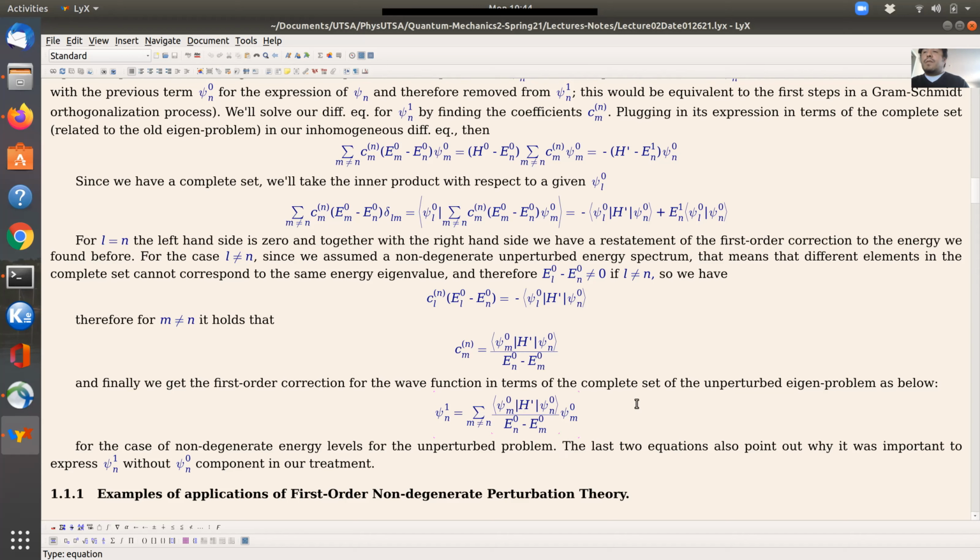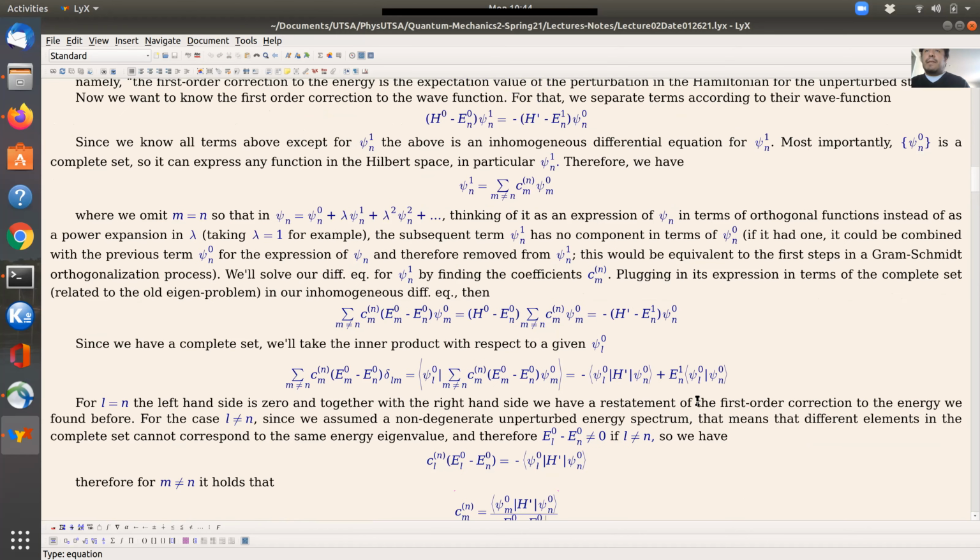This is also an important point. The last two equations also point out why it was important to express psi1n without psi0n component, because if you had taken the case C and N, then you would have a case with the denominator zero, and then you would also have issues.